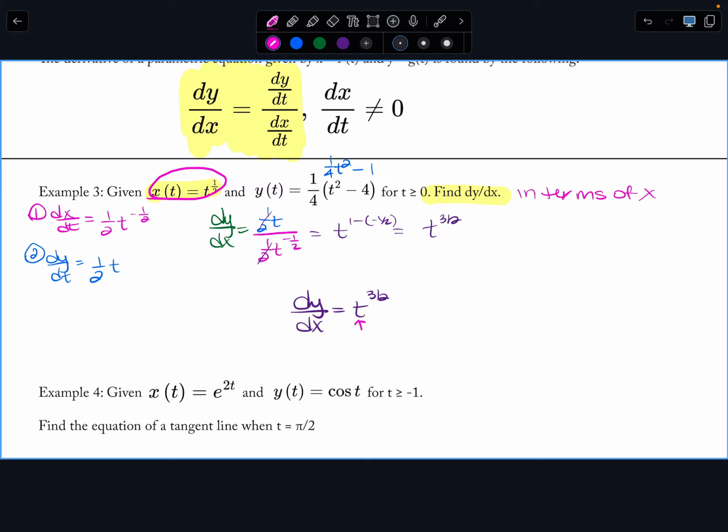So when you look at question 1 on your problem set, it says find dy dx as a function of x. Don't eliminate the parameter first. Find your dy dx first, like what we did here, and then eliminate the parameter. It turned into a horrific chain rule thing.